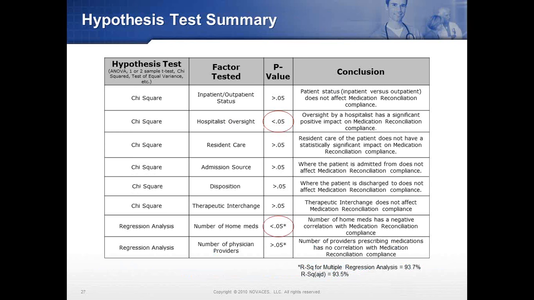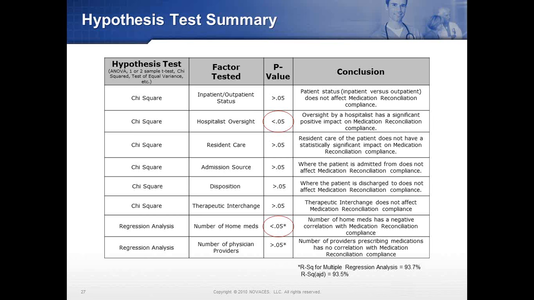Now the p-value is what tells you, based on statistical tests, whether or not this variable, this factor, has an impact on the y that you're measuring. So do these factors tested in the second column impact medication reconciliation? If the p-value is less than 0.05, then you can assume statistically that yes, it does absolutely have an impact.